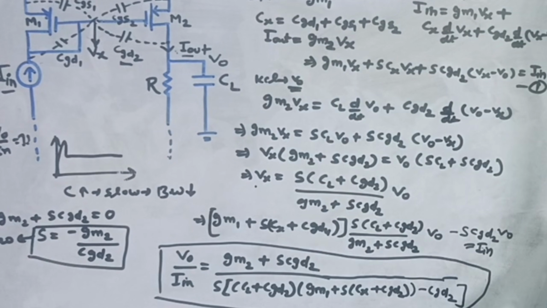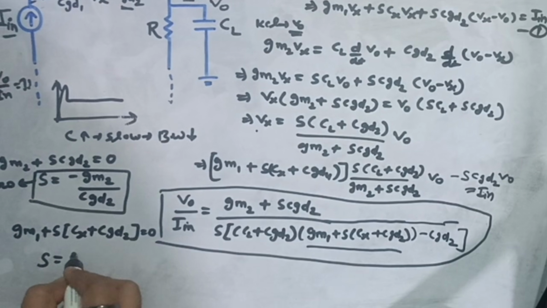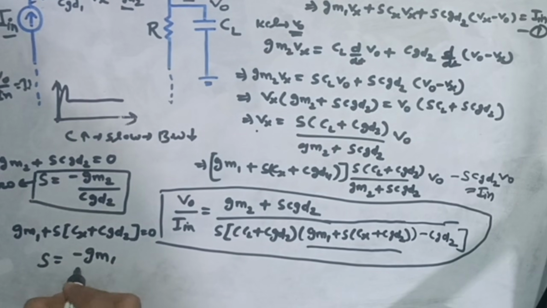And if I have to write the pole, if you see here, the dominant pole would be this term gm1 plus s into (Cx plus CGD2). If I make this term equal to 0, I will get the pole value equal to minus gm1 divided by (Cx plus CGD2).